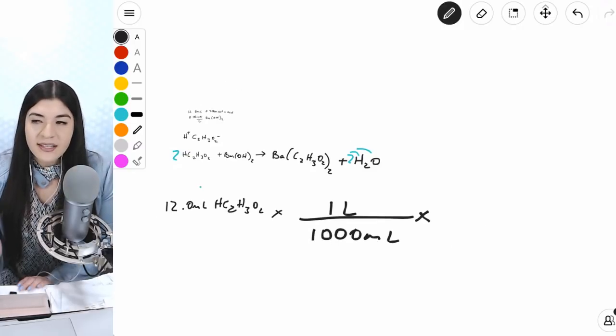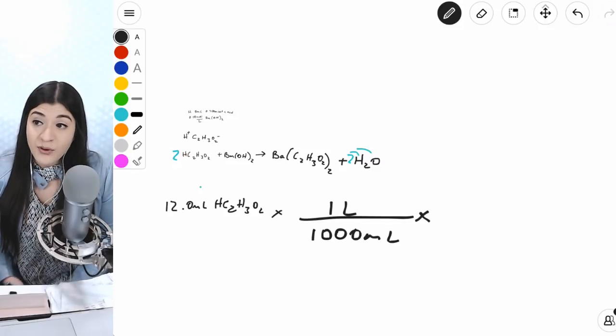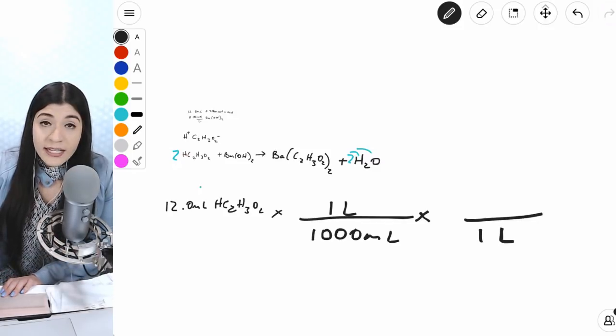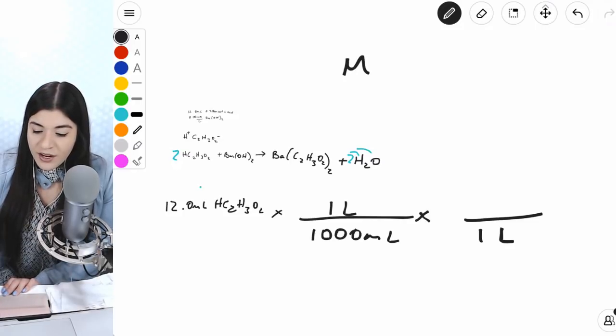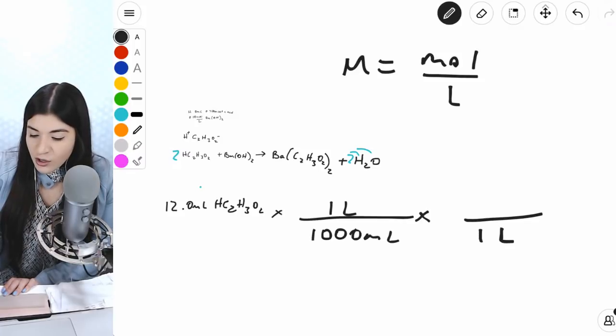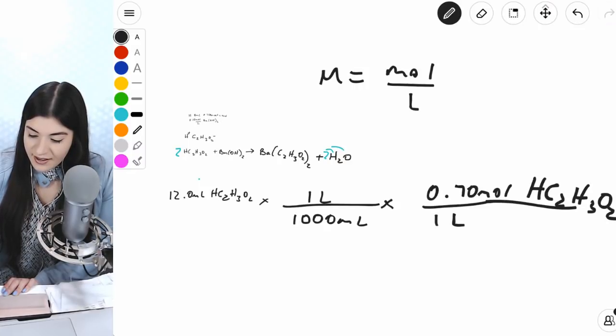And then what I'm going to do next is use that concentration, that molarity that was provided, that 0.70. And how I'm going to use it is there's really 1 liter on the bottom with molarity, right? We know molarity is equal to moles divided by liters, and then on top would be 0.70 moles of acetic acid, HC2H3O2.